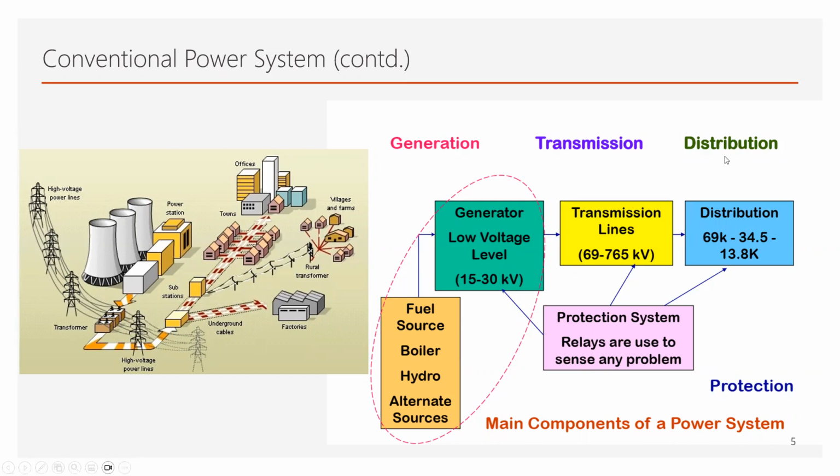Then we have the distribution section. I told you the distribution section distributes electricity among loads. In the distribution section as well, the voltage level is quite low. The transmission line voltage is quite high compared to distribution and generation.